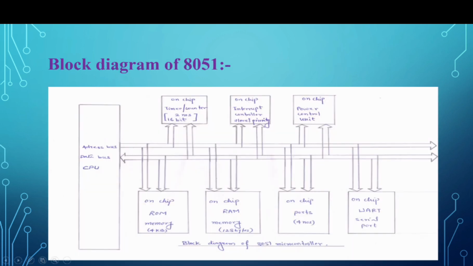It has on-chip timer counter, on-chip interrupt controller, on-chip power control unit, on-chip UART, on-chip ports, on-chip RAM, on-chip ROM. So the CPU is also connected to all these peripherals on chip. So this is a ready to use computer. Microcontroller is a ready to use computer.